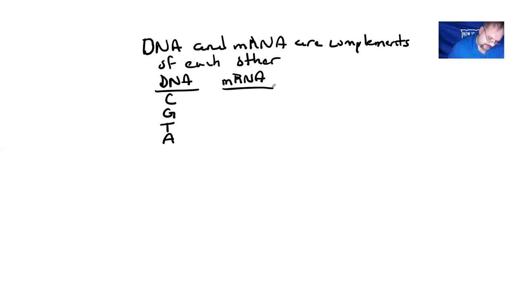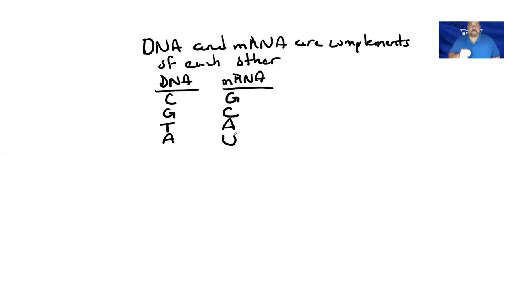If your DNA has cytosine, your messenger RNA is going to contain guanine. If your DNA contains guanine, your messenger RNA is going to contain cytosine. If your DNA contains thymine, your messenger RNA is going to contain adenine. But if your DNA contains adenine, your messenger RNA is going to contain uracil.